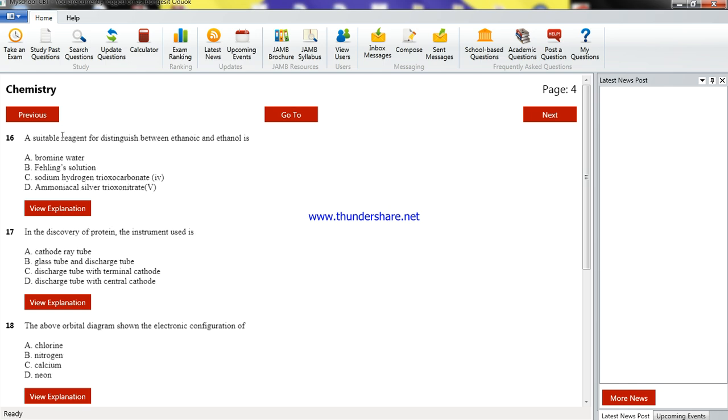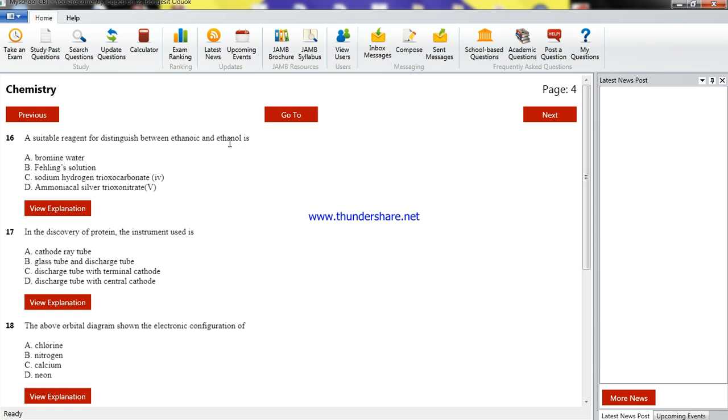It says a suitable reagent for distinguishing between ethanoic acid and ethanol. Now you should be able to understand these substances and then perhaps identify them around you. Ethanoic acid is vinegar, especially the white vinegar, while ethanol is our ogogoro or kaikai, as people may call it.